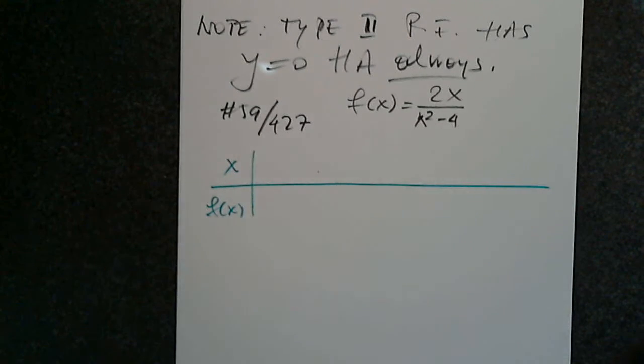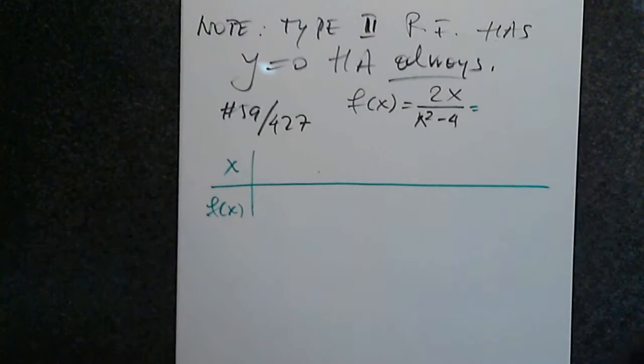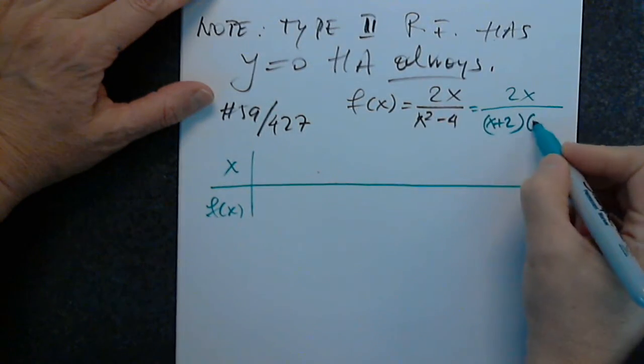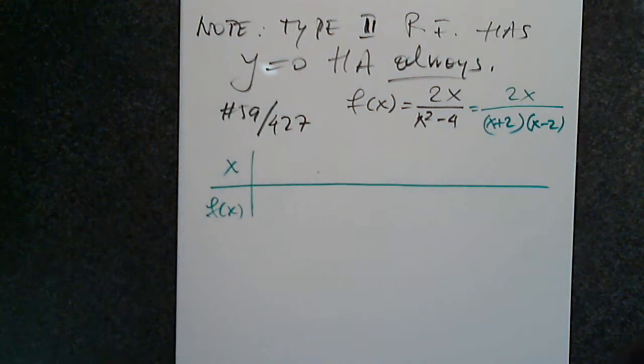You can say, not yet, I need to do something before I establish a domain. So what do I need to do? Awesome. Of course, I have to factor the denominator. That's how we did it in chapter 1, when we solved rational equations.